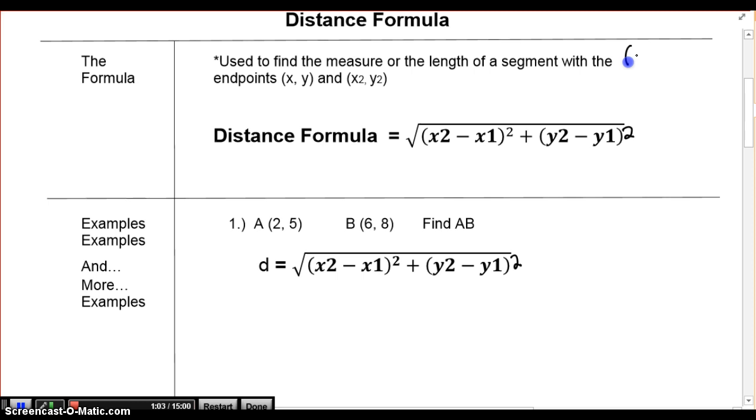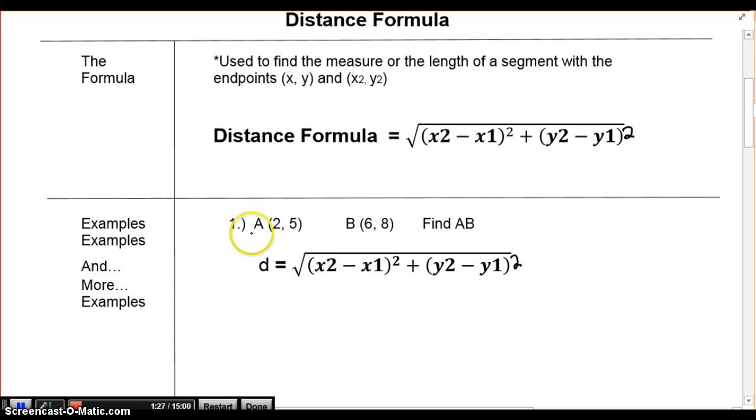An example of an ordered pair would be something like 5, 2. For every ordered pair, you have an x and y portion of it. So 5 is equivalent to x, and this 2 is equivalent to y.